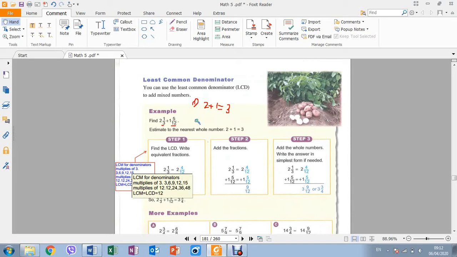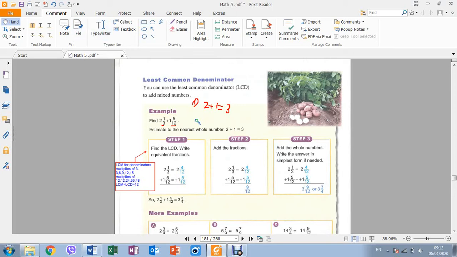At the first step, you need to find multiples of 3. 3 times 1 is 3, 3 times 2 is 6, 3 times 3 is 9, 3 times 4 is 12, 3 times 5 is 15. Multiples of 12: 12 times 1 is 12, 12 times 2 is 24, 36, 48. So LCM is what? The smallest number is 12, which equals the LCD.